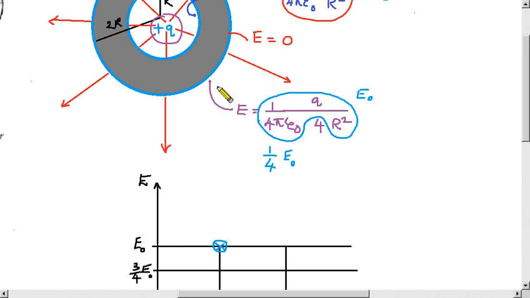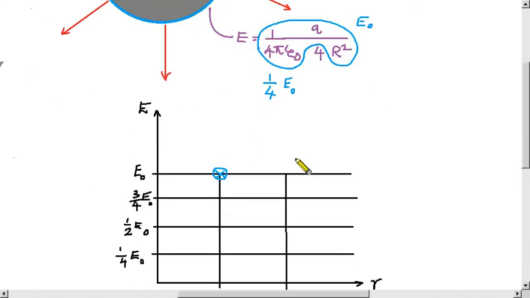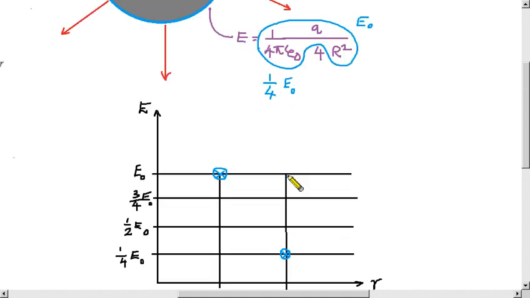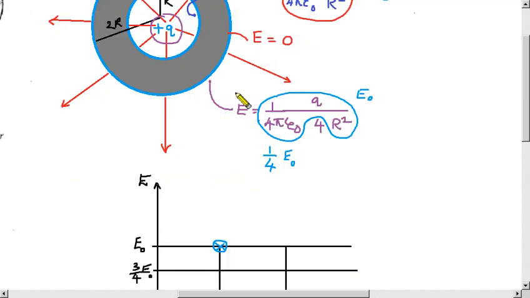Now the field intensity just away from the outer surface, just close to the outer sphere, is quarter E naught. Therefore, when the distance is 2 times r, quarter E naught is the field intensity. So we can mark this point. So our graph should be like this.